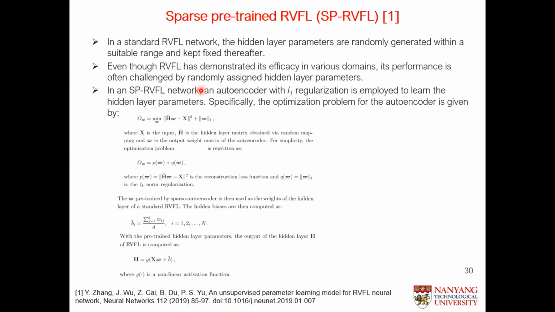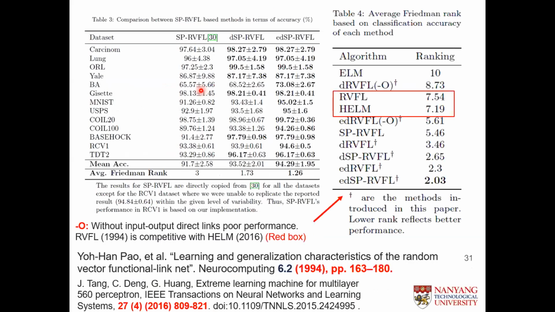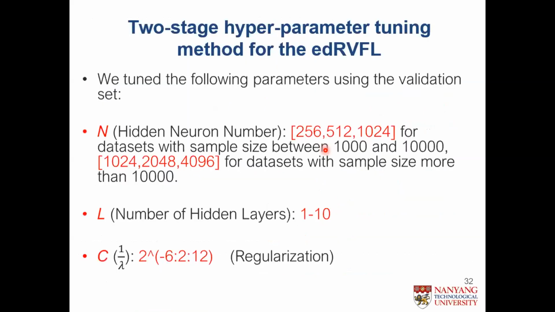Just to illustrate, the extension to deep RVFL is general. And we compared the original SP-RVFL, the deep SP-RVFL and the ensemble deep SP-RVFL. As you could expect, ensemble deep SP-RVFL is the best one, then the deep SP-RVFL and the original version. So the arXiv paper has all these results.